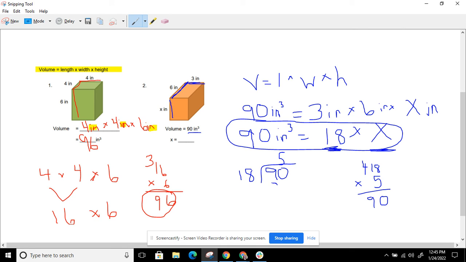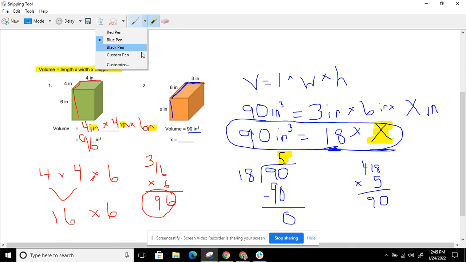5 times 18, we just solved, is 90. We subtract and we get 0. There are no other numbers to bring down. So this X right here is equal to 5.